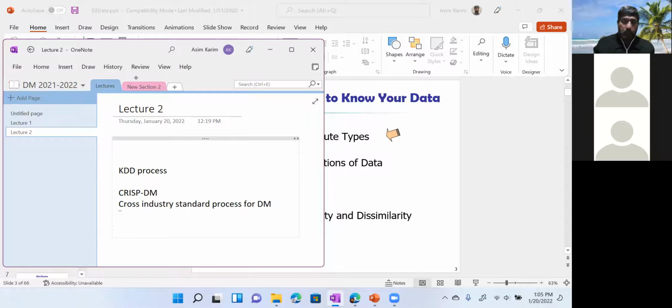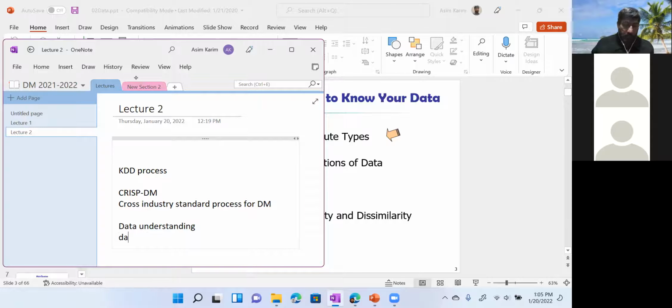Those stages are helpful in understanding your data mining project and pacing it in a proper way. So those stages are, let me write them here. The first one is data understanding. Let me first write them all.